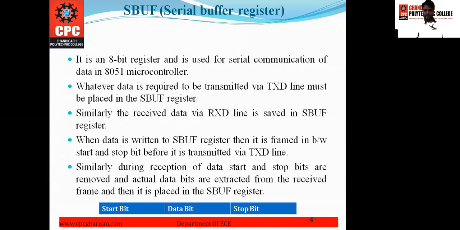Similarly, during reception of data, the start and stop bits are removed so that the actual data between the start and stop bits can be received and then placed in the SBUF register. You can see the start and stop bit.